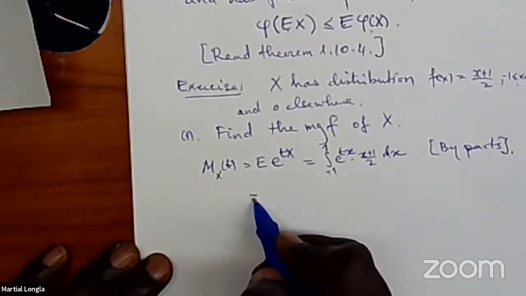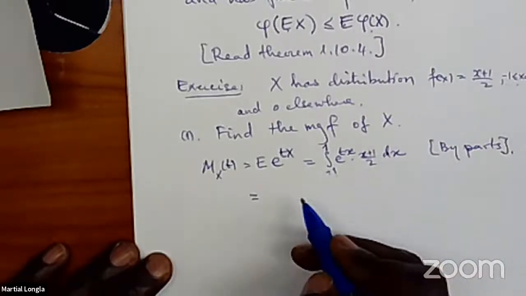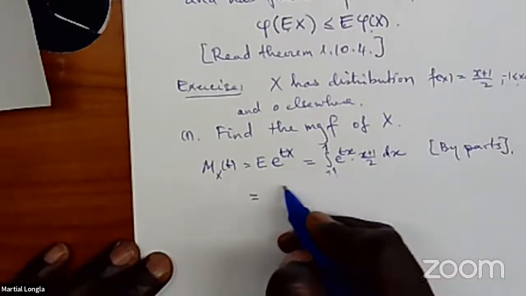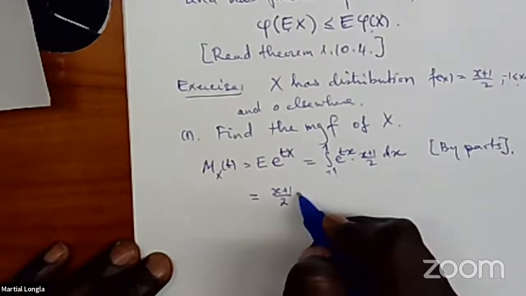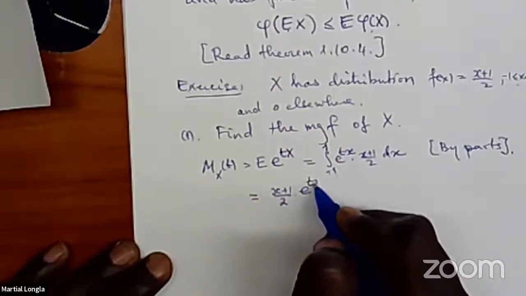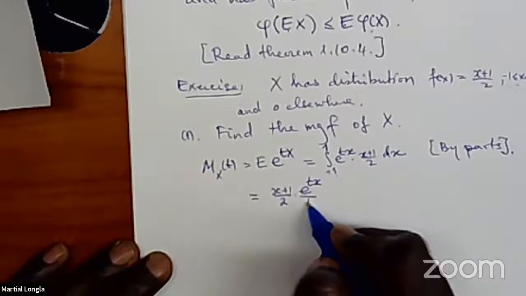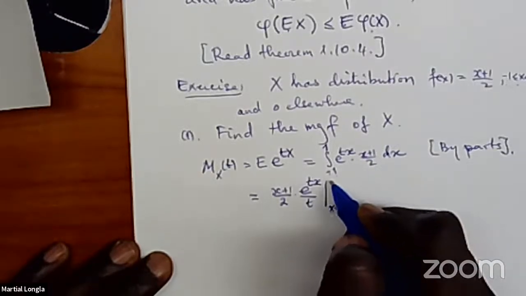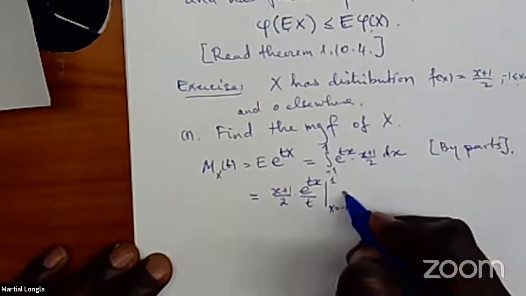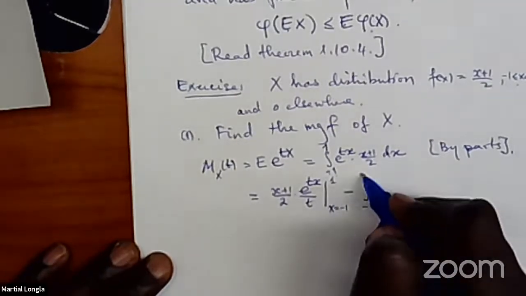This is going to be (x plus 1) over 2 times e to the tx over t, plug in x equal minus 1, then 1, minus integral from minus 1 to 1.